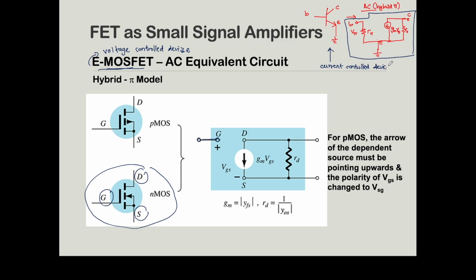So between the gate and the source we have the voltage for MOSFET.